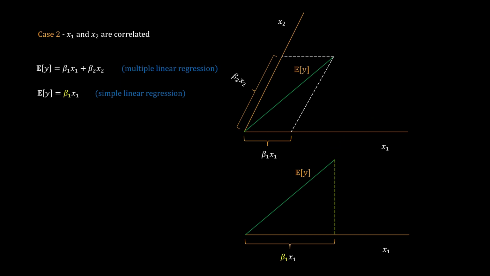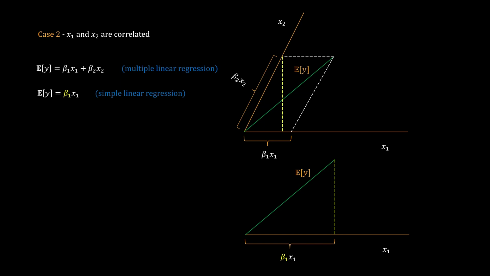Part of y that comes from x2 is beta 2 times x2. But since we don't have x2 in the simple linear regression, this part is absent. However, because x1 and x2 are correlated, there is a part of beta 2 times x2 that is carried by x1.